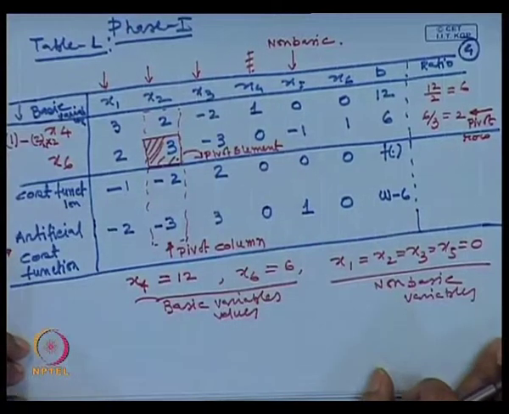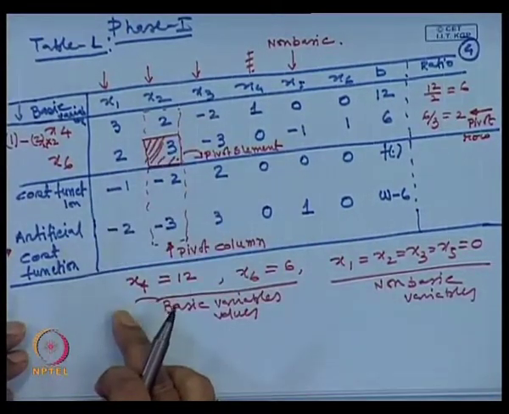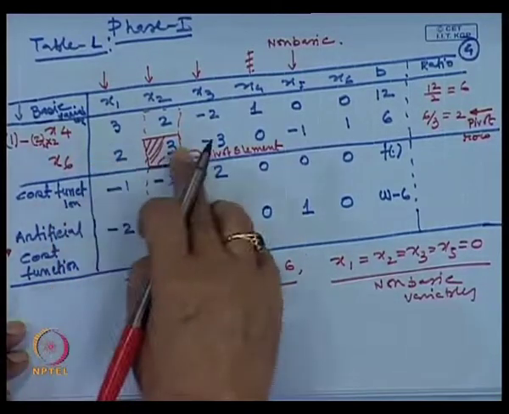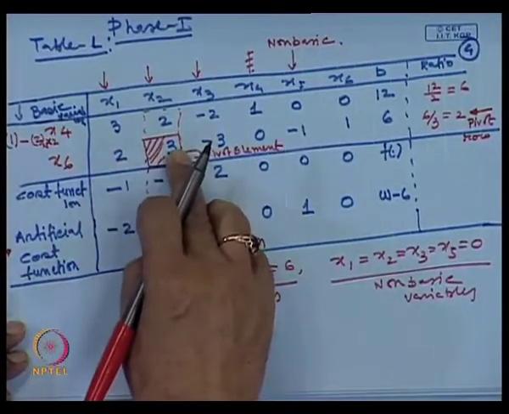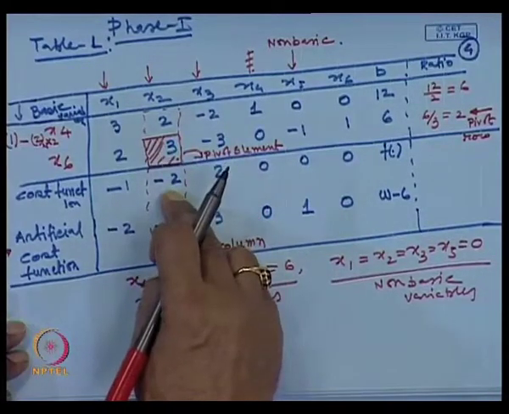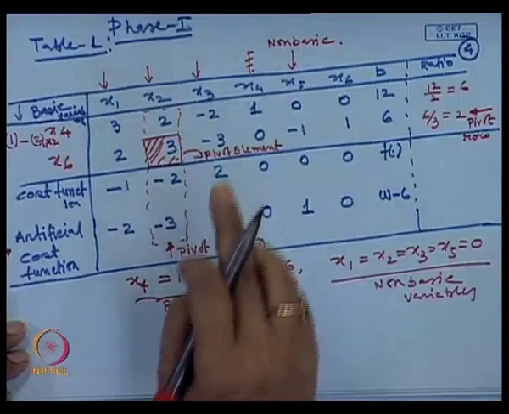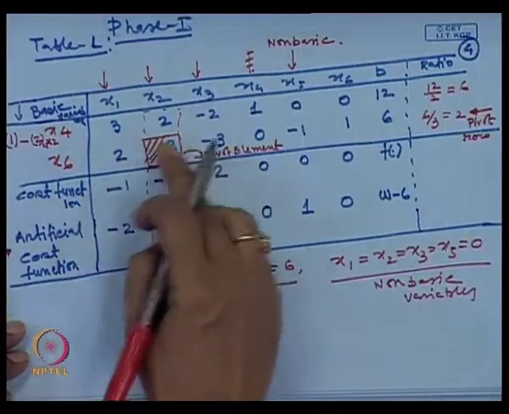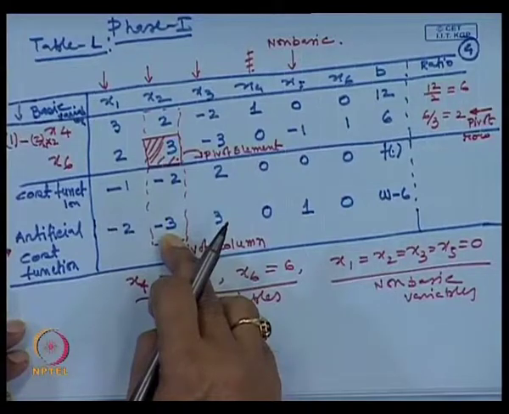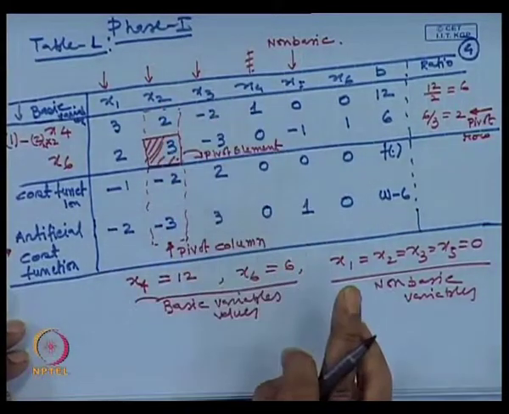So, if you do this, after normalization, whatever equation you get, you multiply by 2 and add it with this one. So, the x 2 will be eliminated. Similarly, after normalization, you multiply this by 3, add with this one, then x 2 is also eliminated.